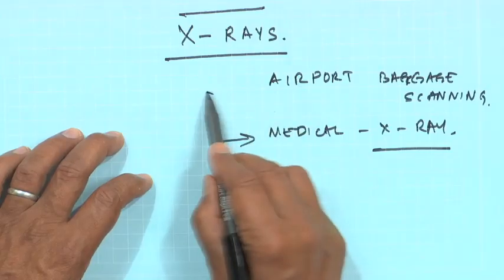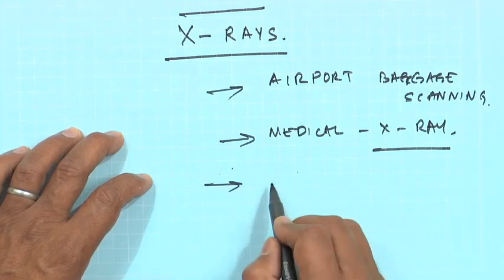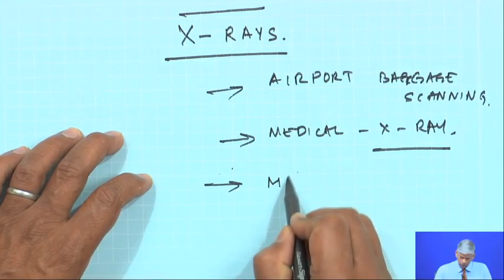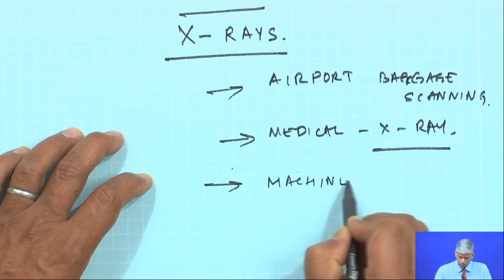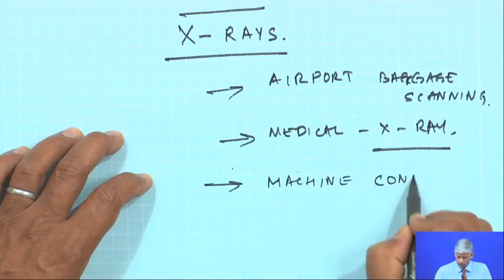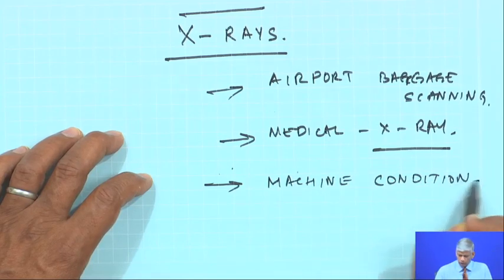I hope nobody has that. So, the doctor tells you to get an X-ray done. Similarly, it will also be used for machine condition, to see what is there and what has happened.